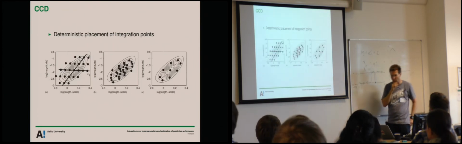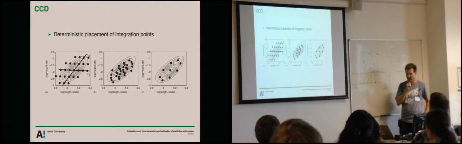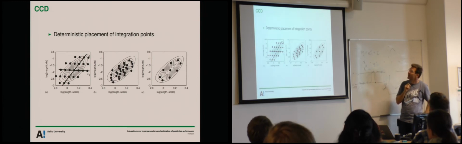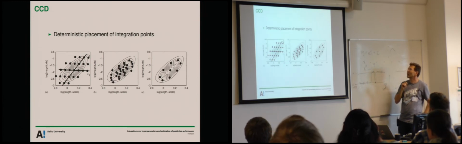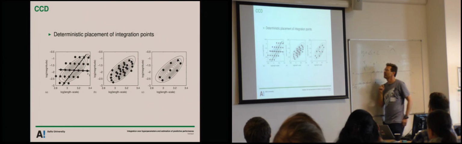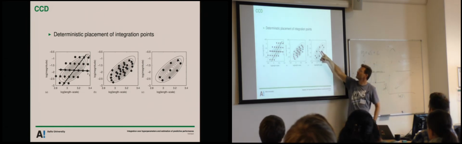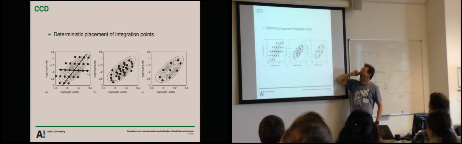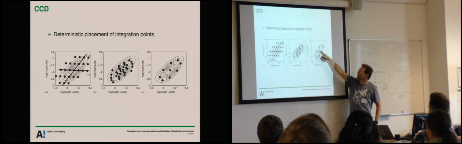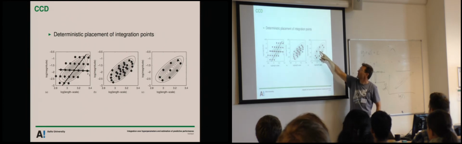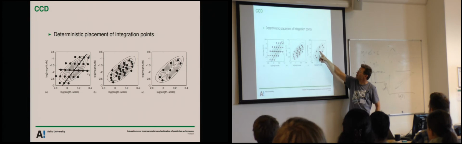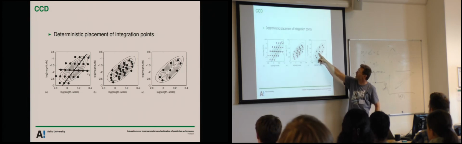It's also possible to have a deterministic placement of integration points, and there's the central composite design, where we first find the mode and compute the Hessian at the mode. Based on the Hessian, we find eigendirections. Based on the eigendirections, we look at the possible additional skewness.